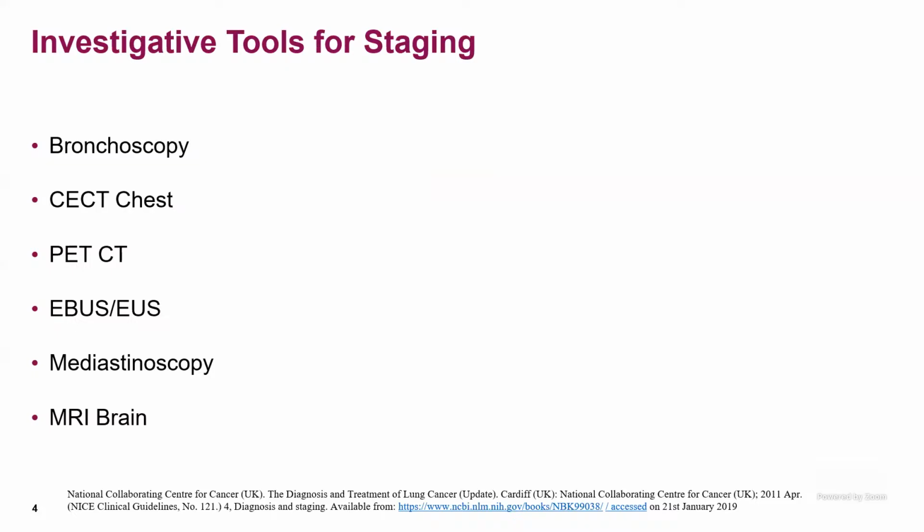So whenever a suspected lung cancer patient comes to us, we evaluate the patient clinically, take a detailed history, and routine blood tests are done. The first test would be a CT chest, and depending on the location of the tumor, we do either a CT guided biopsy, a bronchoscopic biopsy, or EBUS or EUS guided sampling. This is followed by a PET CT scan.